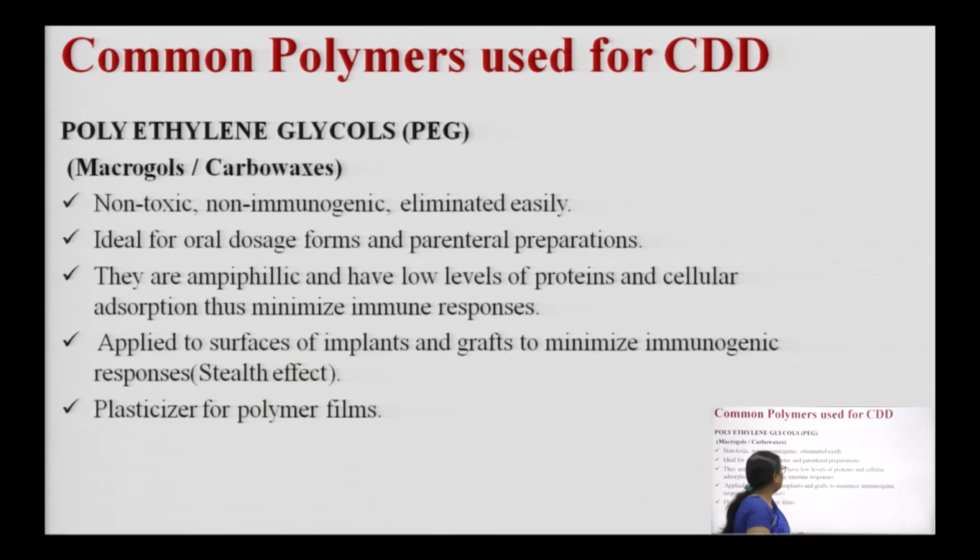Next, we have polyethylene glycols or PEGs. They are sold under the trade names of Macrogols or Carbowaxes. These polyethylene glycols are amphiphilic molecules, that is, they have both hydrophilic and lipophilic groups in them. They are non-toxic, non-immunogenic and eliminated easily, and all these properties make this polymer highly versatile.